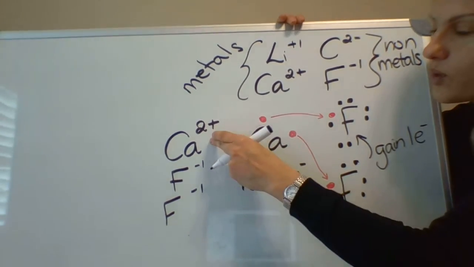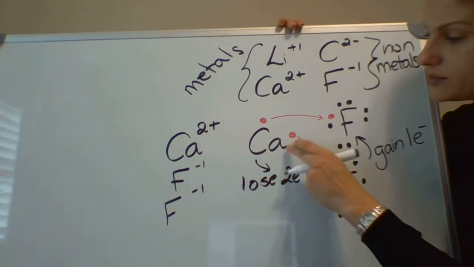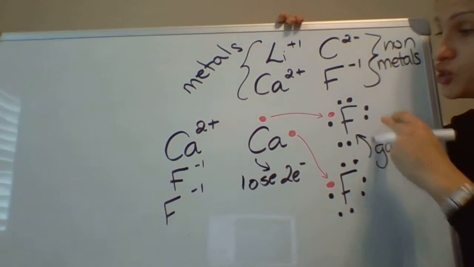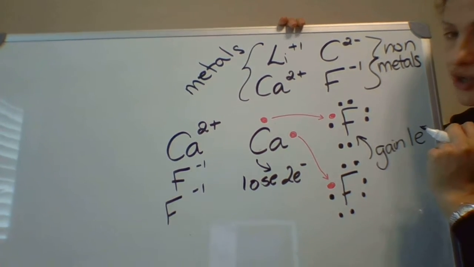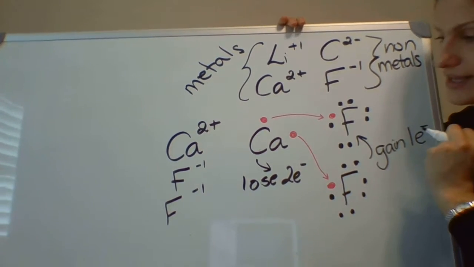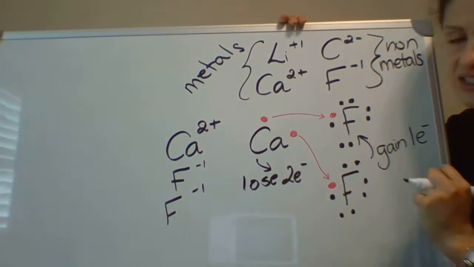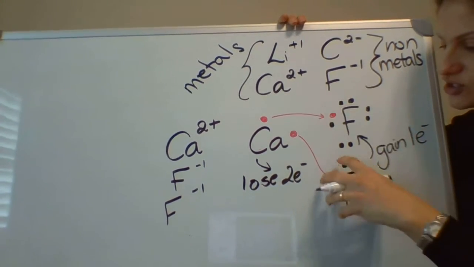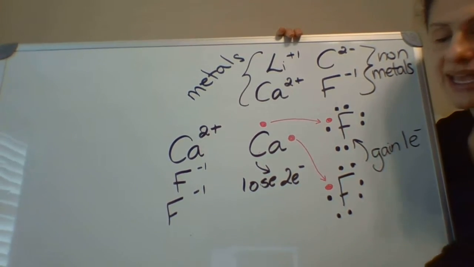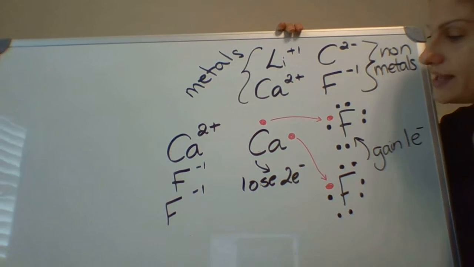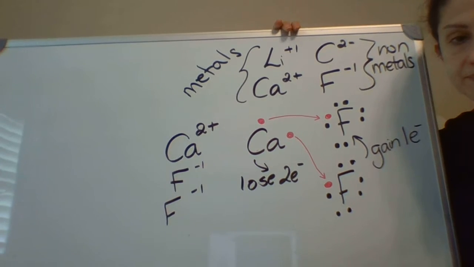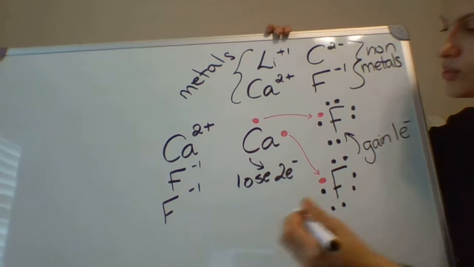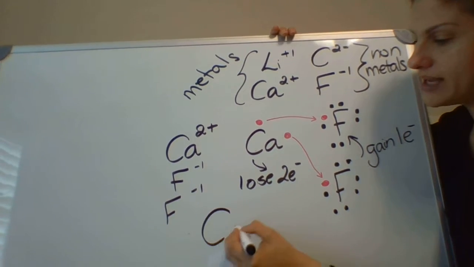So 1 calcium atom needs to react with 2 fluorine atoms in order that everybody is happy. Calcium gets its full valence shell, and each fluorine atom will get its full valence shell. In this case, they will form an ionic compound, and we will refer to that ionic compound as CaF2.